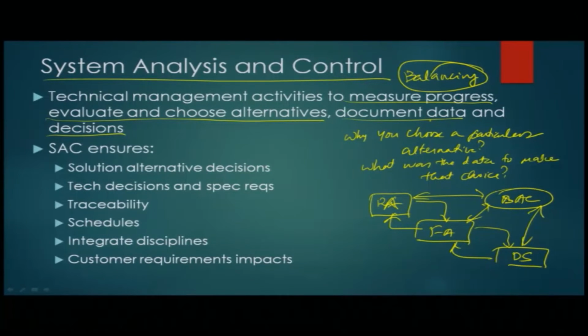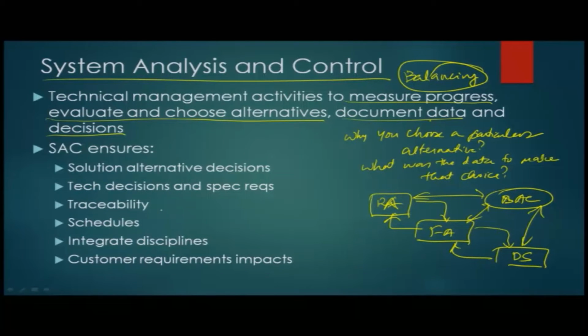So, come up with the solutions to alternative decisions. How did you choose the alternative technology decisions? At a particular point there is a debate on which technology to be used, and then a decision needs to be made. Then SAC ensures that appropriate technical decisions end up being made.